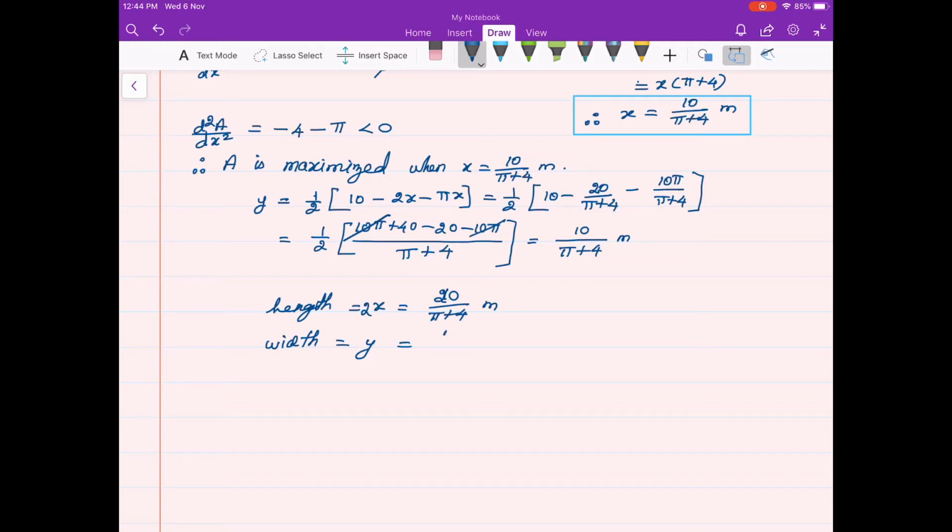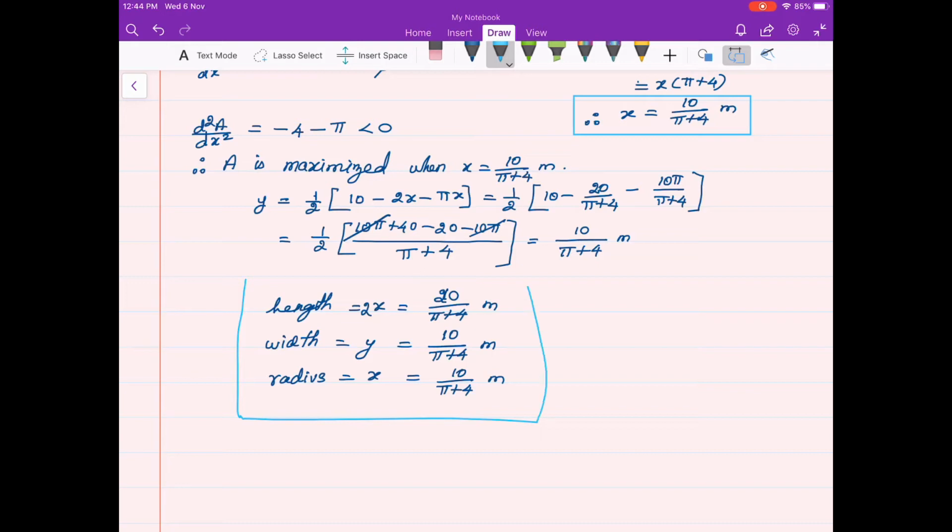Width of the window is y, which is 10 divided by π plus 4 meters, and the radius of the window, we took it as x, which is 10 over π plus 4 meters. These are the dimensions of the window which has the maximum area to admit maximum light.